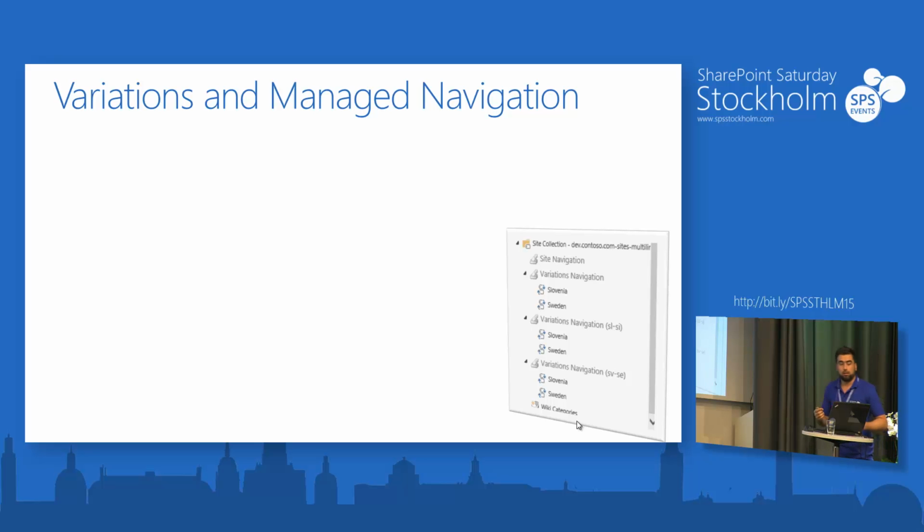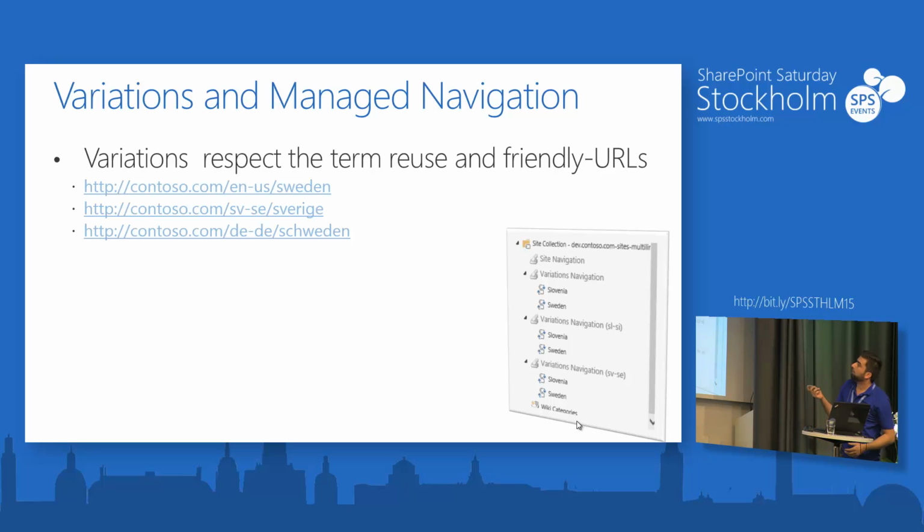The more variation labels you have, the more different managed navigations you get for each of these sites. For example, this is for the US site, and the navigation looks like this. For Sweden, it will look like Sverige. For Germany, it will look like that.